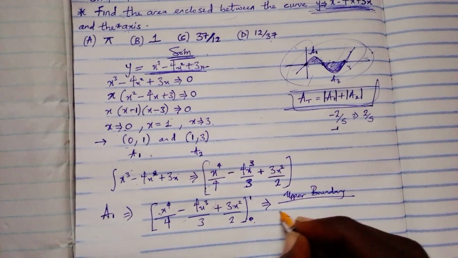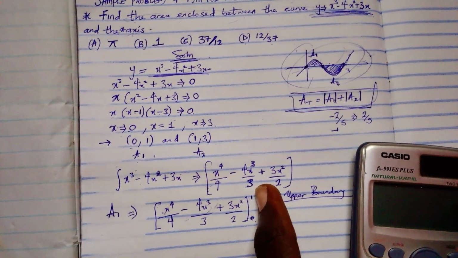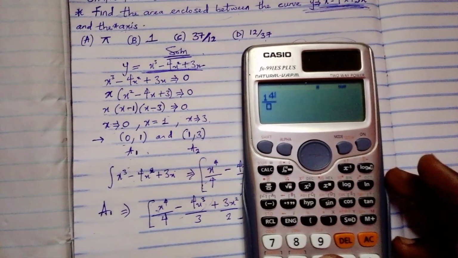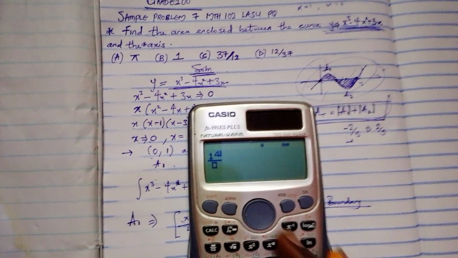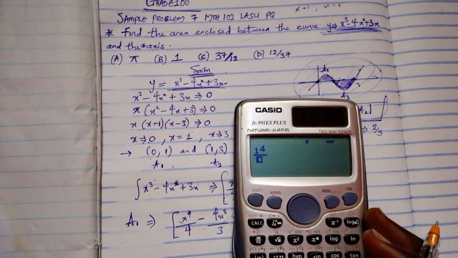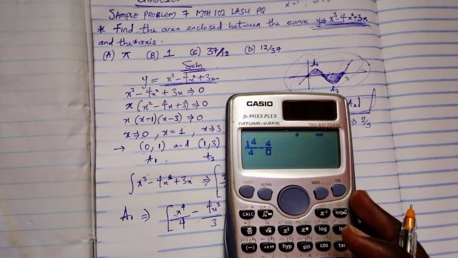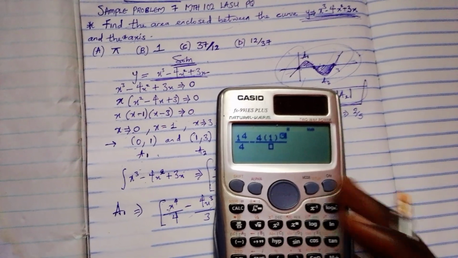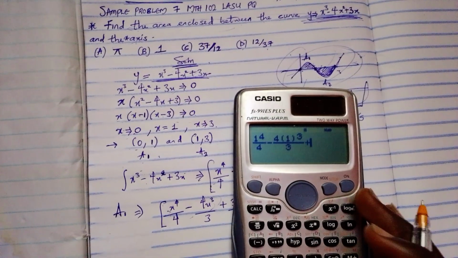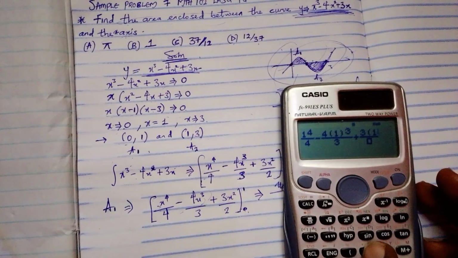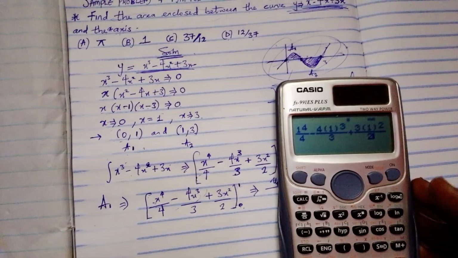If you input 1 in place of x, we have 1 raised to power 4 divided by 4, minus 4 times 1 cubed all divided by 3, plus 3 times 1 squared all divided by 2. So that's all.